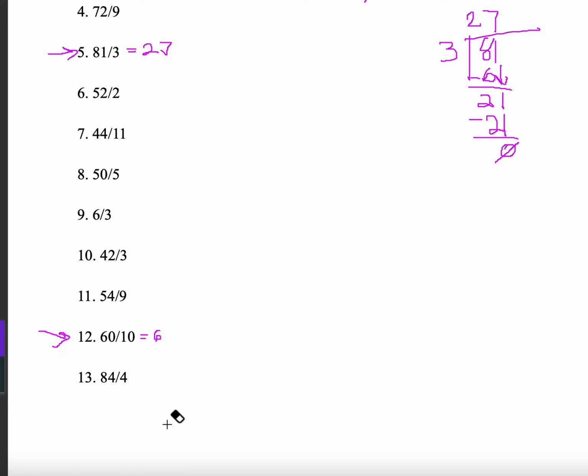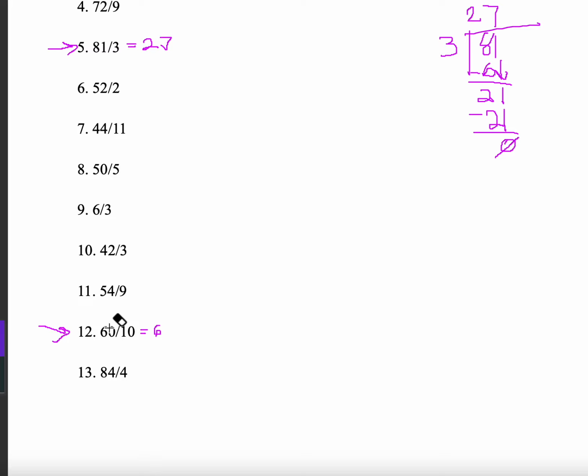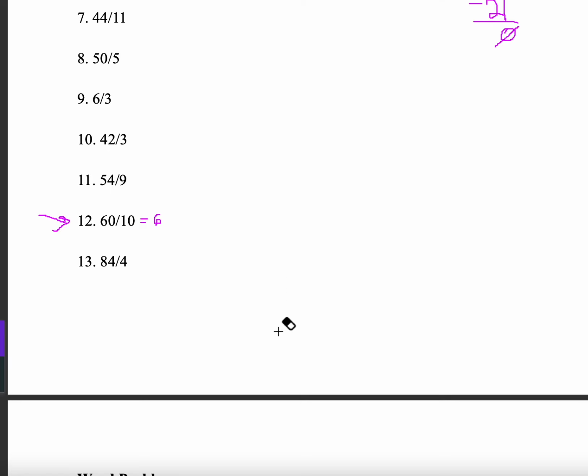And that doesn't change anything because 10 times 6 we know is 60. So that's all we have to do to find out this one when it's division, when we have two numbers with like 1 0 behind it.